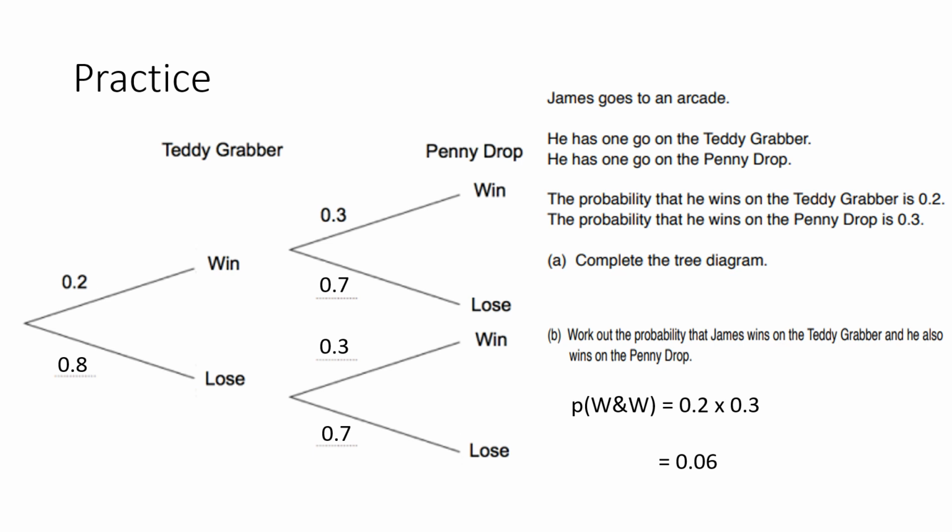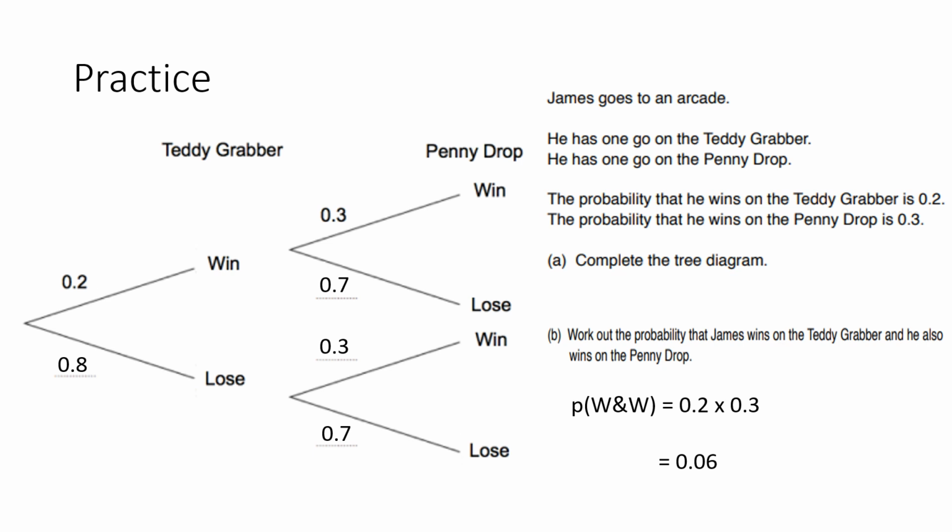So here's the answer. If you've got a 0.2 chance of winning for the teddy grabber, we know the branch is going to add up to 1, 1 subtract 0.2 is 0.8. The chance of losing on the teddy grabber will be 0.8. If you move on to the penny drop, the chance of you winning the penny drop was 0.3. So therefore, win and loss are joining together, so those two branches are going to add up to 1. 1 subtract 0.3 is 0.7.